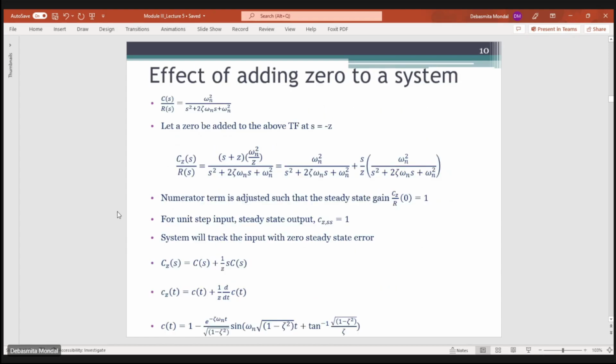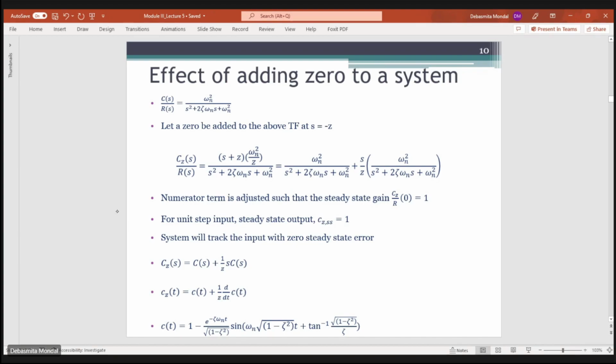Okay, now we'll see the effect of adding a zero to a second order system. The general form of a closed loop second order system is omega n square divided by s square plus 2 zeta omega n s plus omega n square.